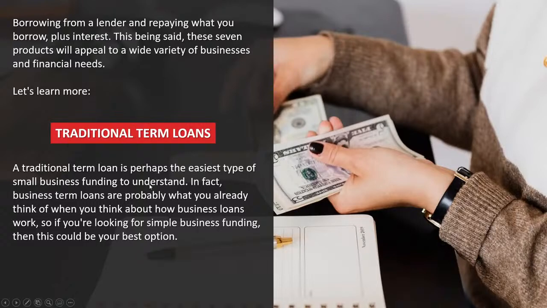You borrow a certain amount of money at a particular interest rate over a certain amount of time, or term, paying a certain payment amount. In essence, that's what we look at as a traditional term loan.